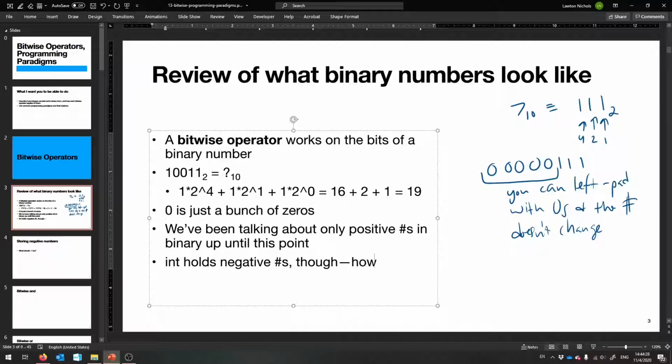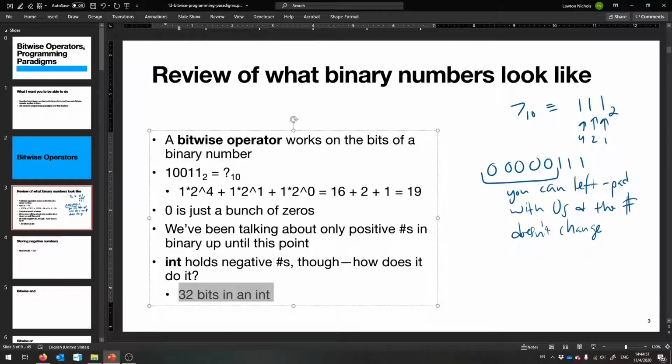How does it do it? In particular, remember how big an int is. It's 32 bits long. And some of those have to get prioritized for negative numbers. Some of those numbers that you can make with 32 bits have to be negative numbers. They're not all positive.